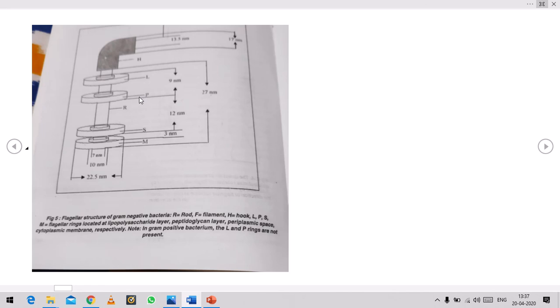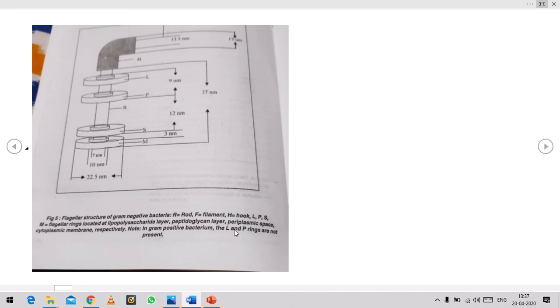Again I repeat, the L ring is at the lipopolysaccharide layer, the P ring is at the peptidoglycan layer, the S ring is at the periplasmic space, and the M ring is at the cytoplasmic membrane. This is the diagram for the gram-negative bacterium.